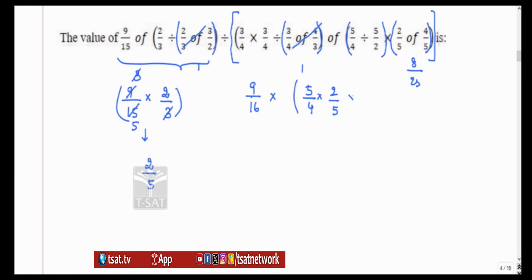Then after you have into 8 by 25. 5, 5 cancel. We have 9 by 16 into, this is 4 by 25. Nine by 100.